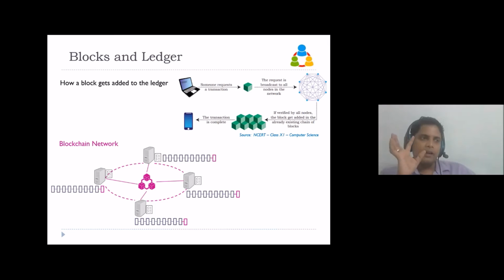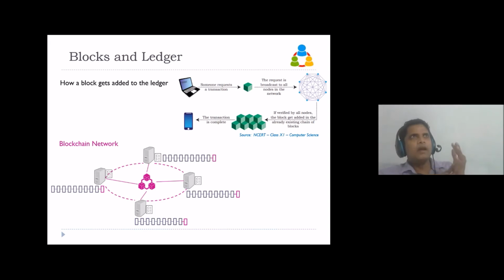And there are certain validations saying that the same data should not exist in different blocks. Okay, there is a concept called double spending.